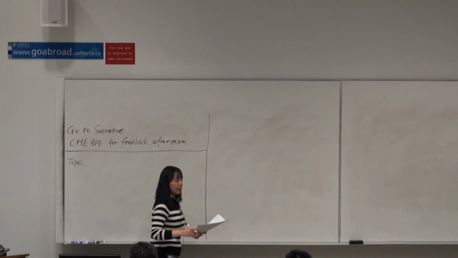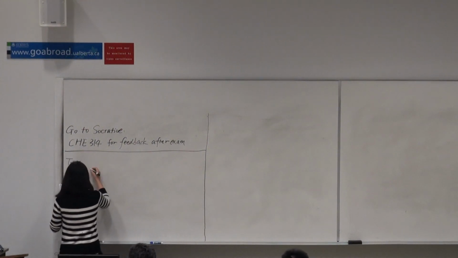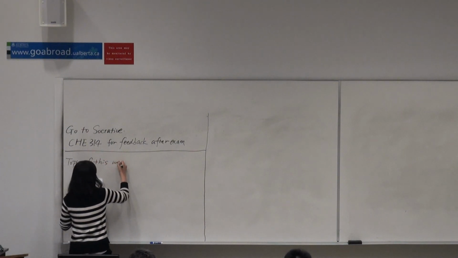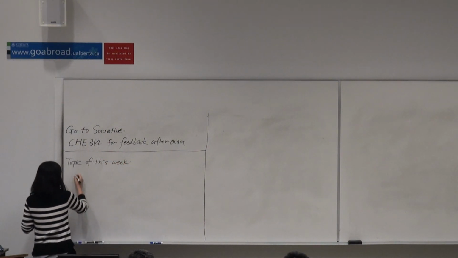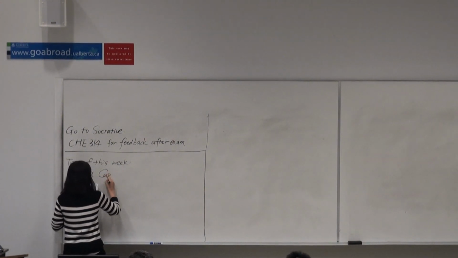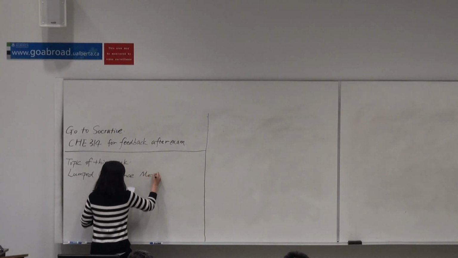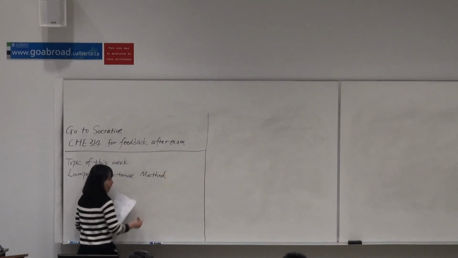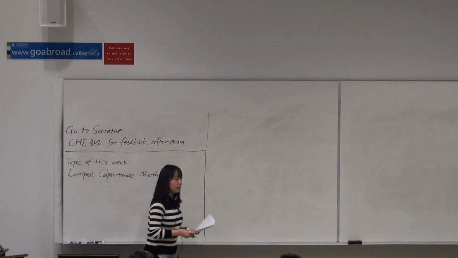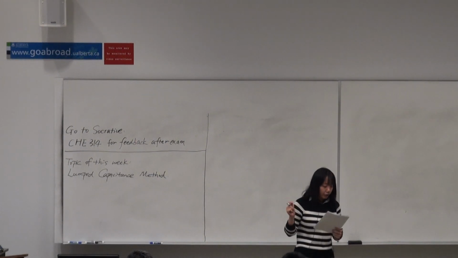From last Friday to this Wednesday, we have already learned the lumped composite method, which assumes the temperature distribution is uniform inside our defined control volume.